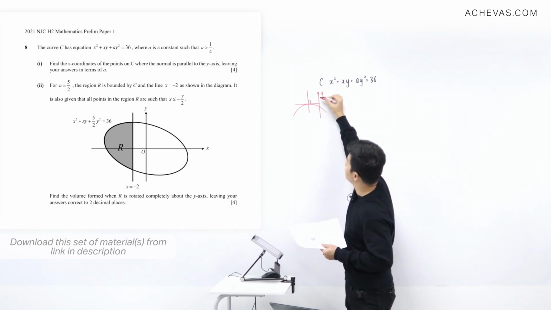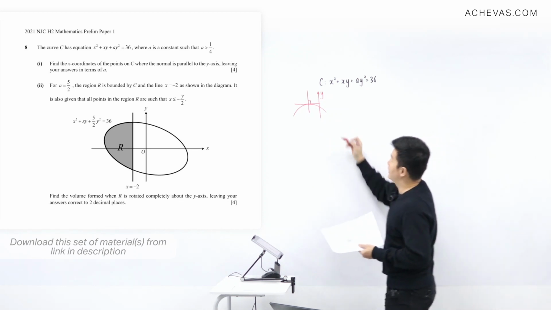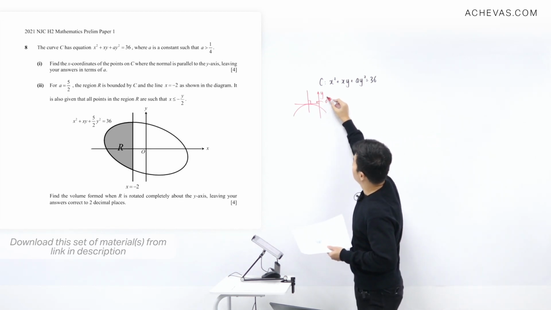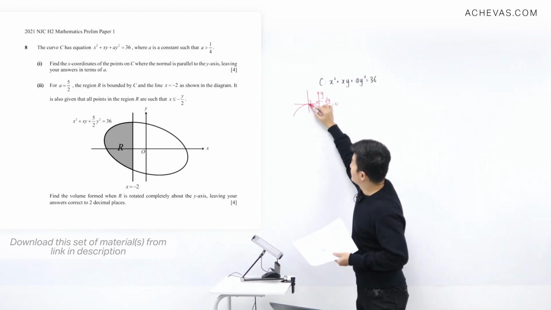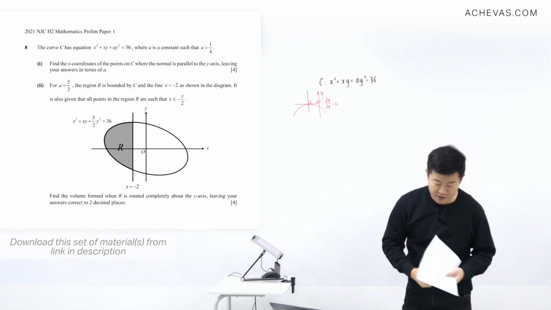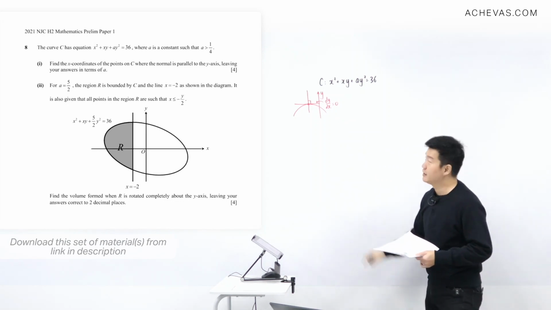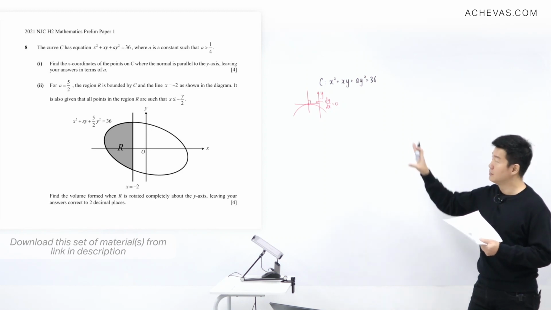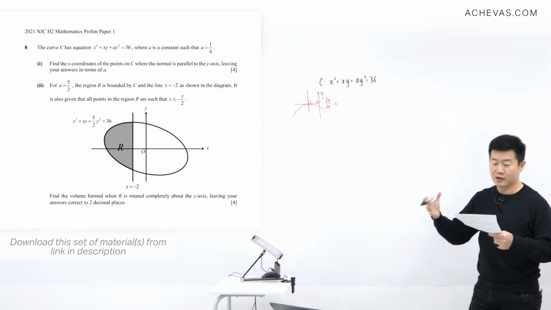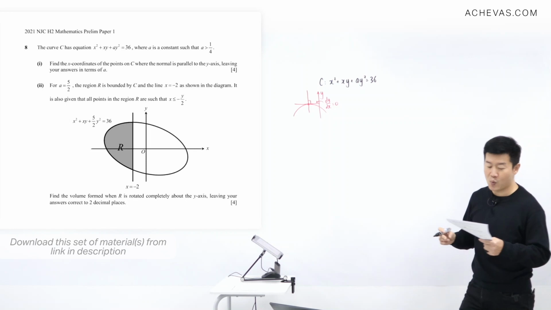That will mean that the tangent is going to be parallel to the x-axis. So at such points, dy/dx will be equal to 0. In order to find the x coordinates of these points, we are going to find dy/dx first, and then let dy/dx be equal to 0.